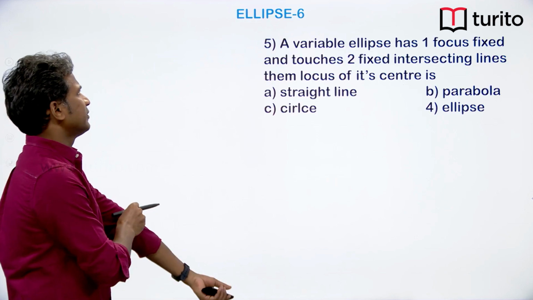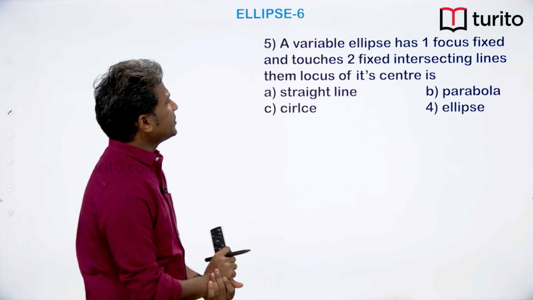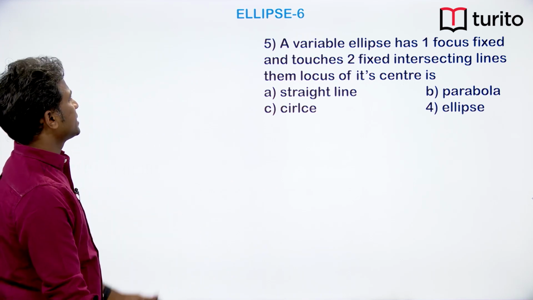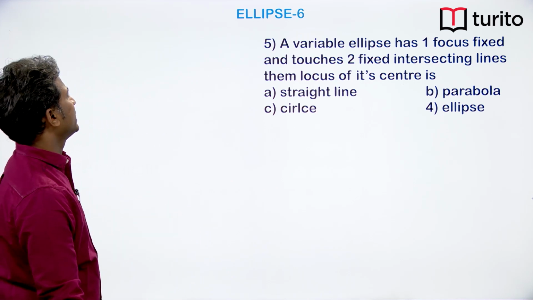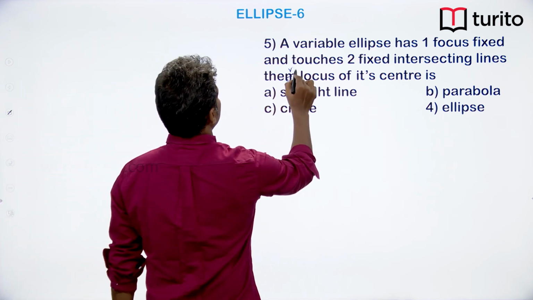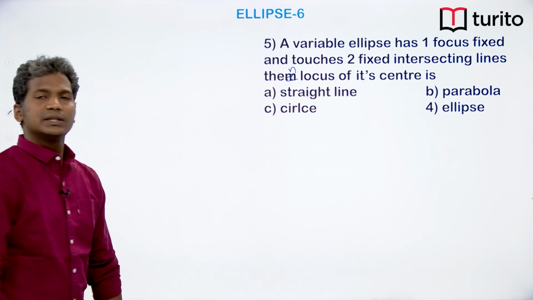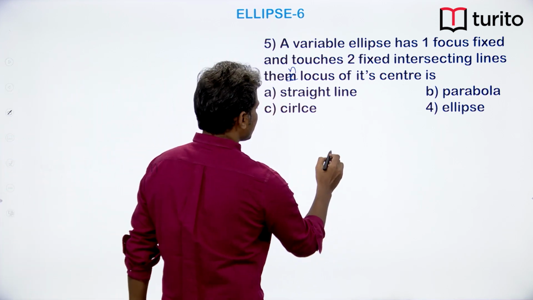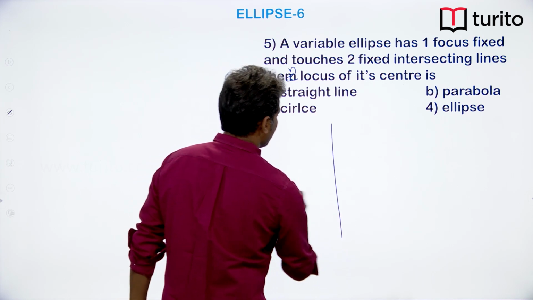Next question. A variable ellipse has one focus fixed and touches two fixed intersecting lines. Then the locus of its center is? So let's take the ellipse like this.